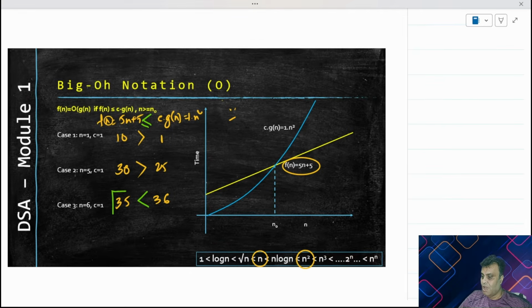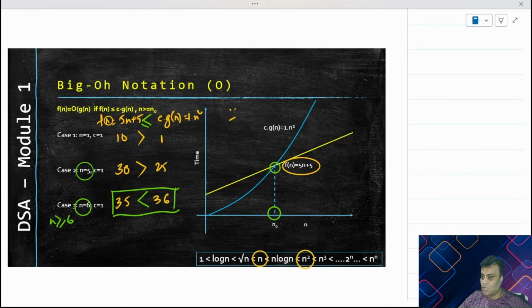We wanted our Cgn to cross our Fn, and that's what happened here. So where is it happening? Between n equal to 5 and n equal to 6, at some point. Because we don't see an equal to, we can't say at what point, but between 5 and 6. So it is very safe to say that at n greater than or equal to 6, you will have that inflection.